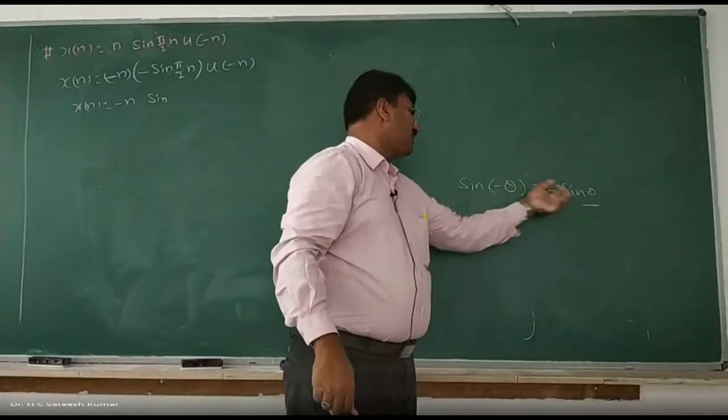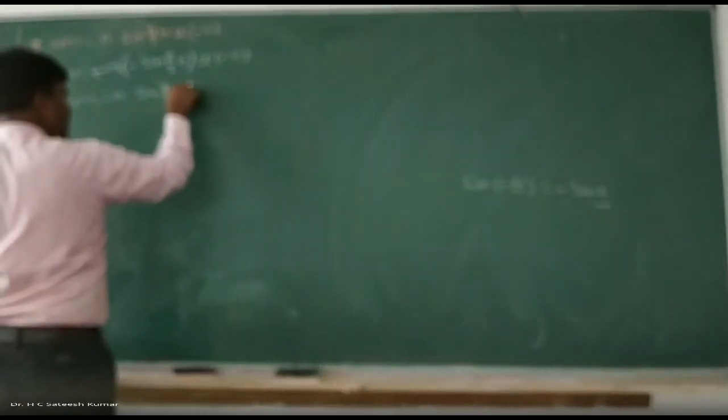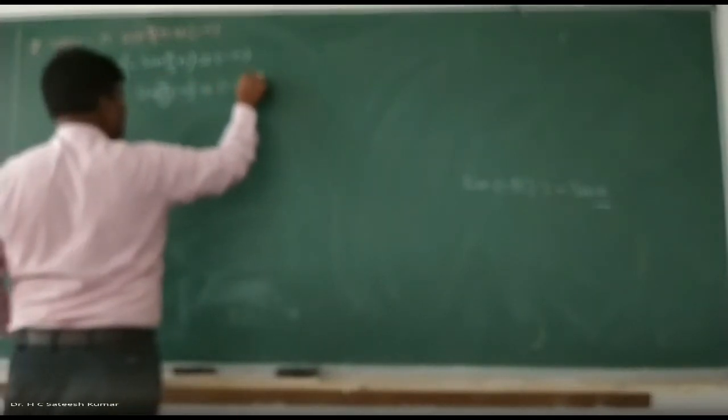Minus sine theta can be written as sine of minus theta. So I write it as sine of pi by 2 into minus n into u of minus n. This is the key point in this problem. If you are able to do this correction, the problem will become very easy. Otherwise this problem will become more complicated.